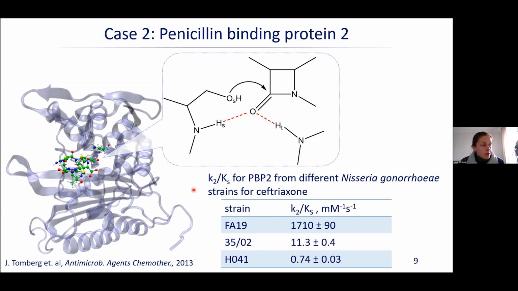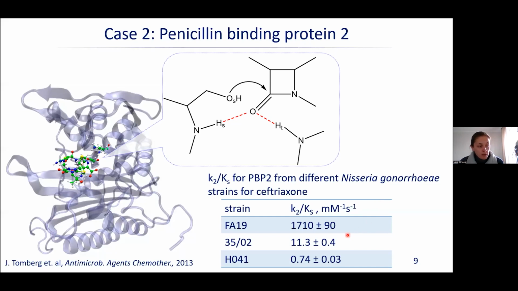But of course, as the resistant mechanism, resistant strains appear with mutations in the gene coding PBP2 protein. And actually, PBP2 protein from the mutant strains demonstrates considerably lower specificity towards ceftriaxone. It's another antibiotic.